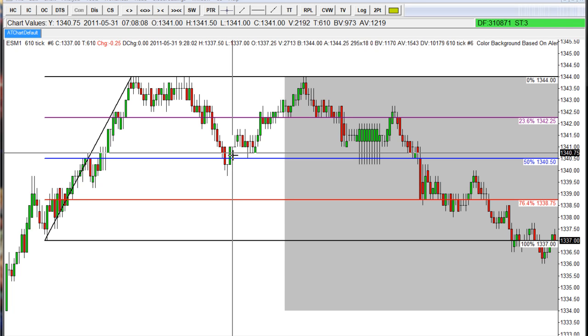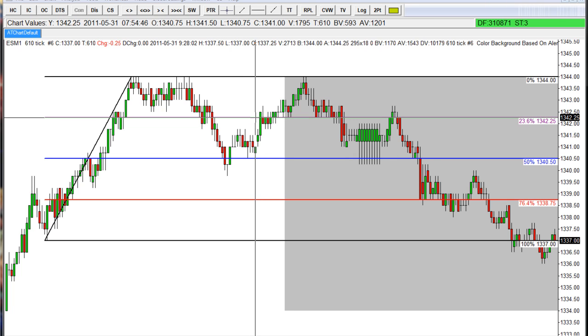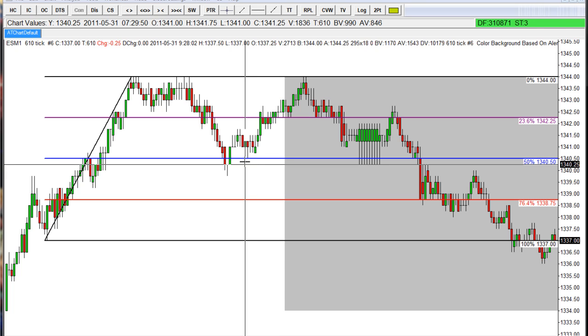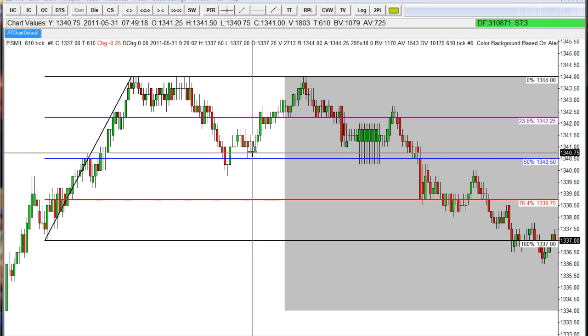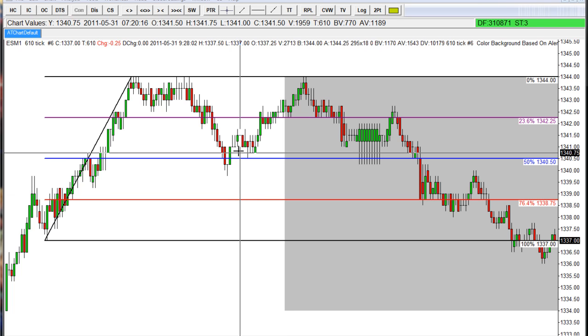Then I would set a profit target of 6 ticks, which would place my limit sell order at 1342.25, and my stop loss would be 8 ticks. So I would place my stop loss at the 1338.75 level. Okay, and that's how I enter.